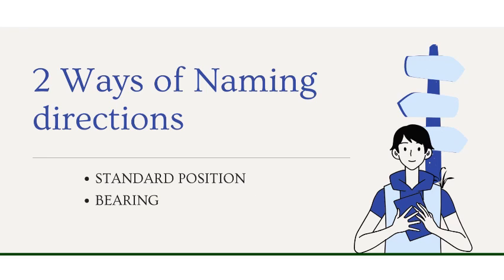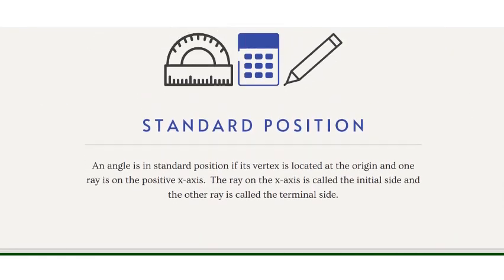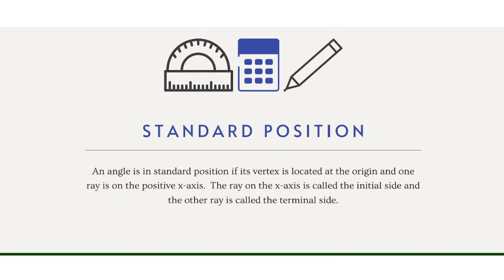So let's begin first with standard position. The definition: an angle is in standard position if its vertex is located at the origin and one ray is on the positive x-axis. The ray on the x-axis is called the initial side and the other ray is called the terminal side.